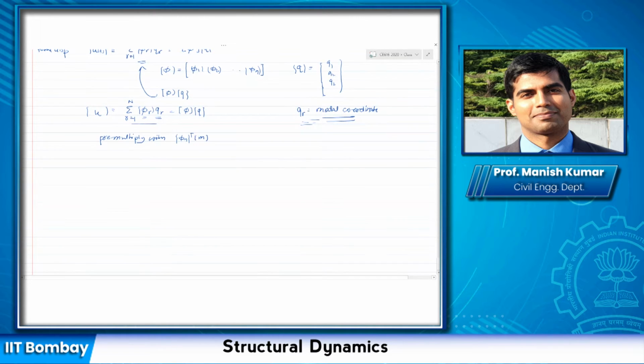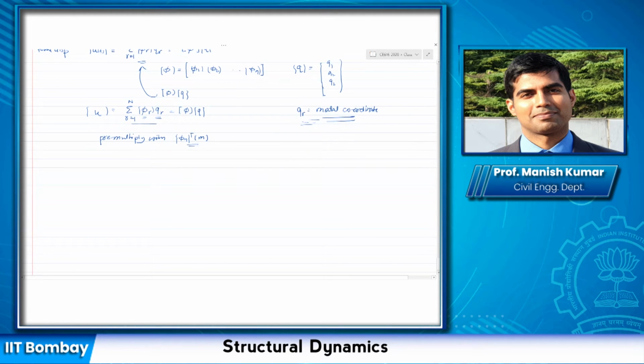There is a reason I am doing that. I know that if I multiply a different mode transpose with another mode, then it would be equal to 0 for all the cases except when the same mode shape is multiplied with itself. That's why I'm taking out this quantity and multiplying.